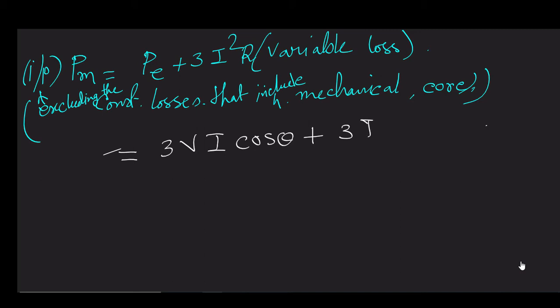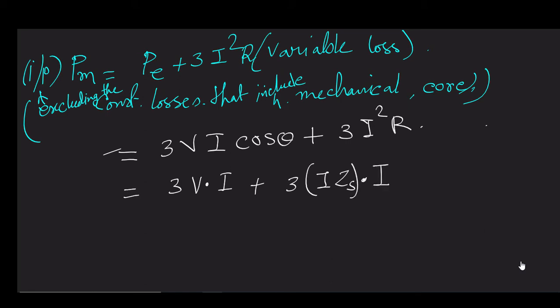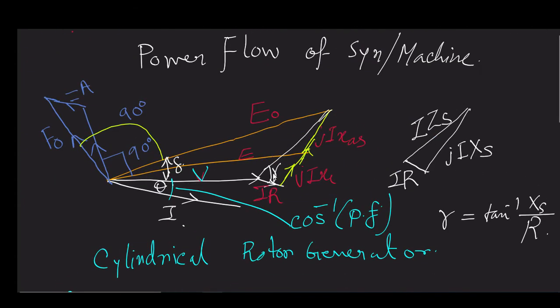So it is not cos theta, but let us try to write it like 3 I square R. So from this, I can write 3 V dot I and 3 IZS dot I, right? So what is the phase of IZS and I?